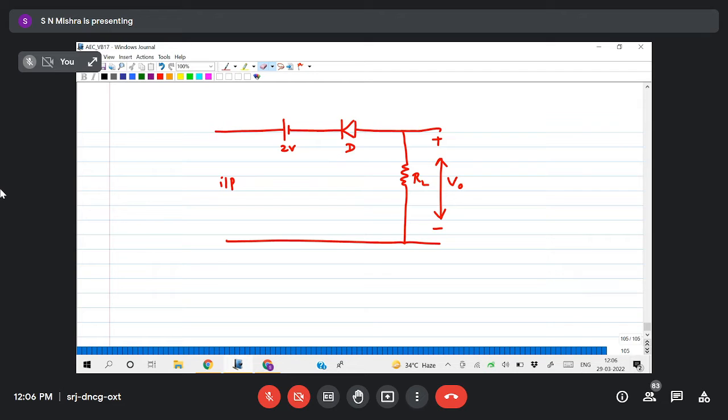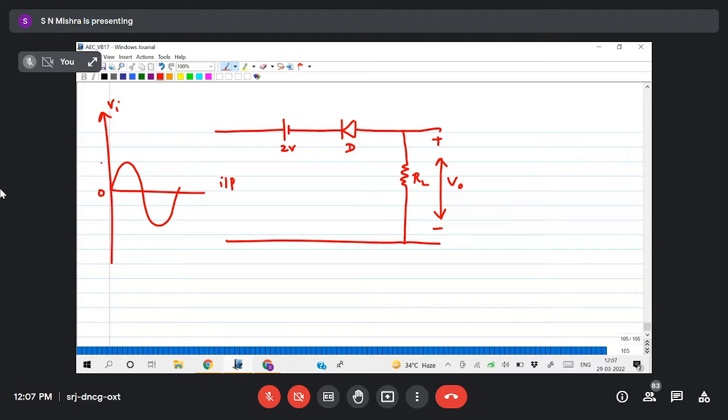This is the diode connected in the opposite direction, what we solved yesterday, with biasing. 2 volt is connected. So what is the first step to analyze the circuit? Let us take the input signal as 10 volt peak to peak.